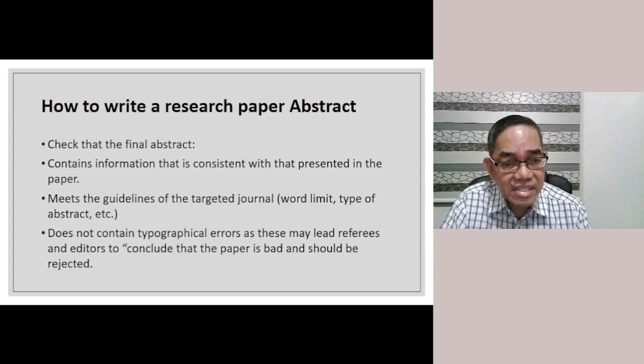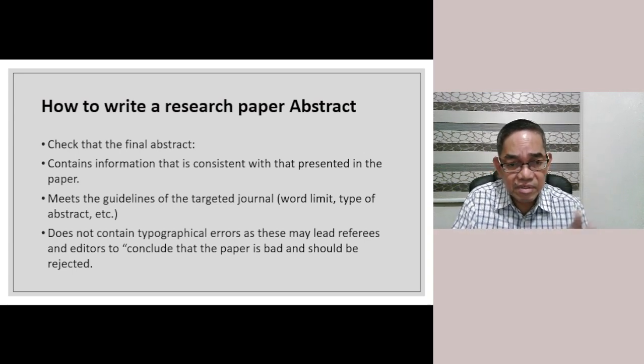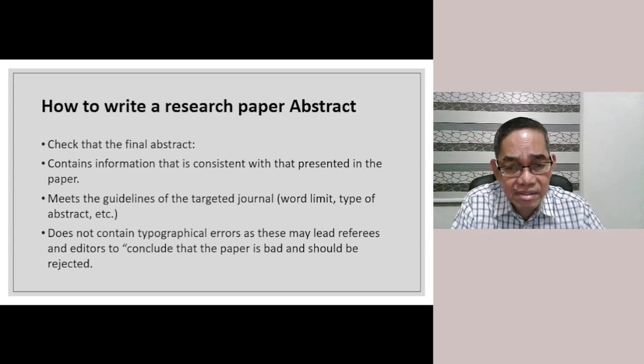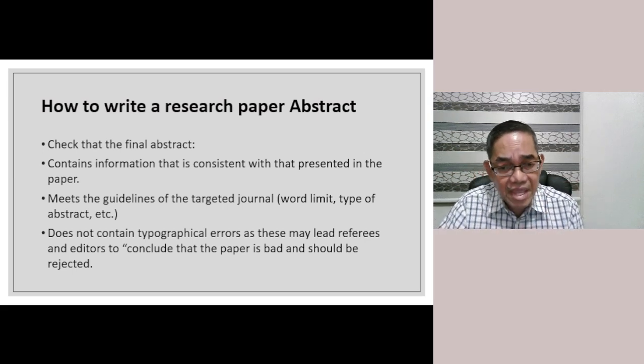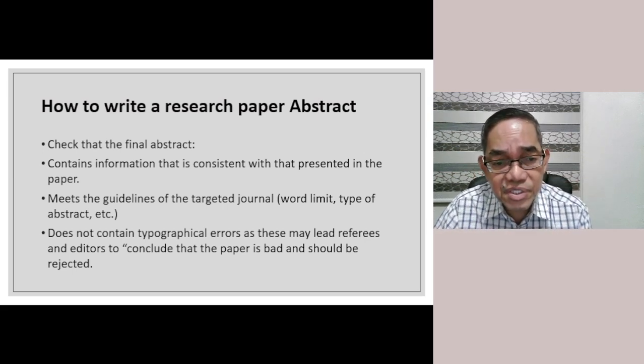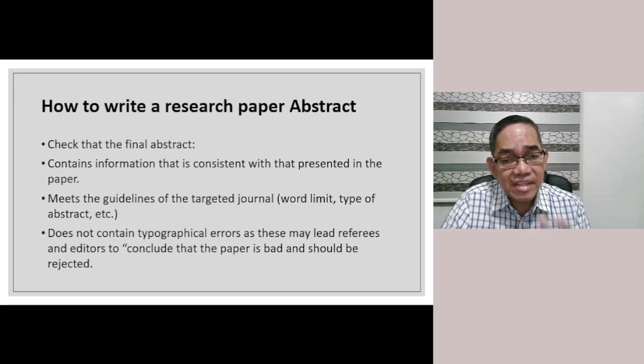Does it contain information that is consistent with that presented in the paper? So the information that you write in the abstract should really be contained in the actual research section. And it should meet the guidelines of the targeted journal.